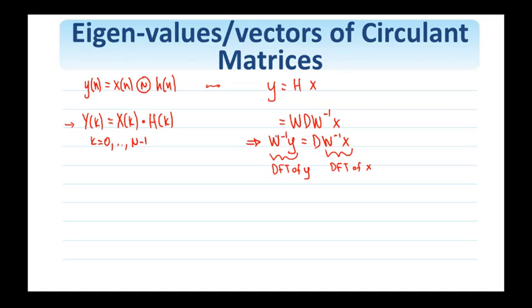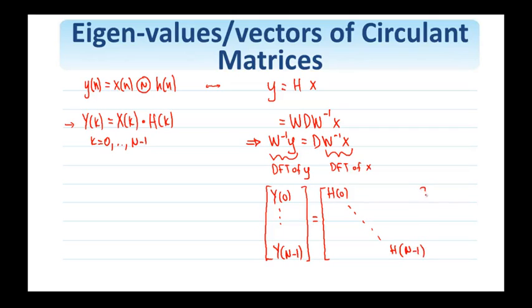This vector gives me all the values of the DFT of y, and D is a diagonal matrix that has as its elements the DFT of h, H0 to H N minus 1, and here is the DFT of x.